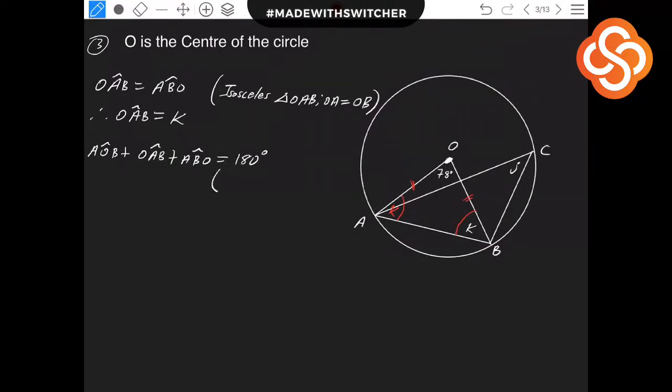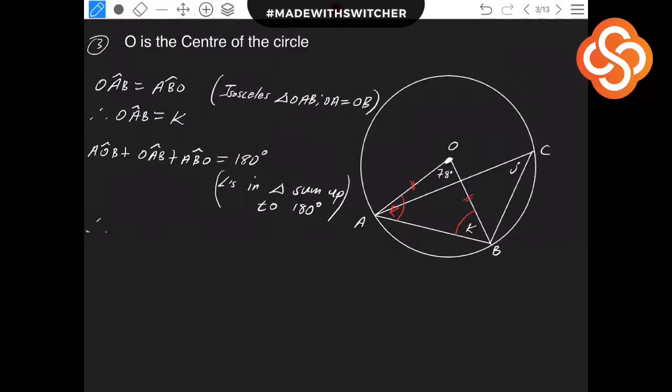Because I don't have space, I'm going to write the reason down here. The reason is that angles in a triangle sum up to 180 degrees.